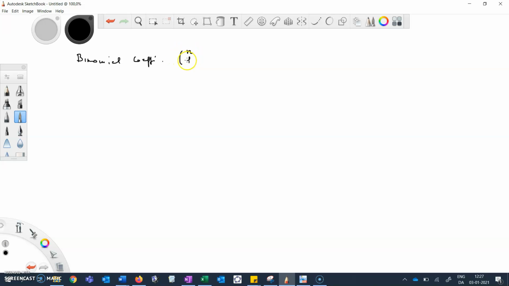So we have n and k. It's written in this way, and it corresponds to a fraction which is n factorial divided by k factorial times n minus k factorial. If you remember this way of writing, it's going to be extremely easy. N factorial just means, to remind you, n times n minus 1 times n minus 2 times and so on, times 2 times 1.